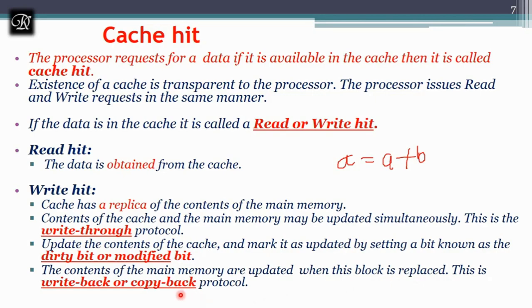This is called write back or copy back protocol. So the other solution is, let me update the value of a, that is 30, in the cache. Later, I will update the value of a in the main memory when I am interested in replacing it.